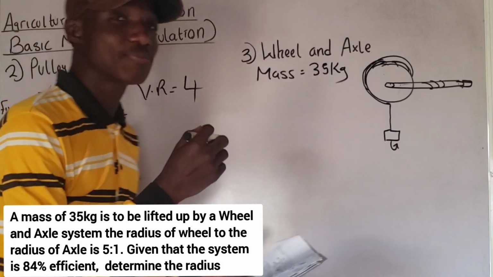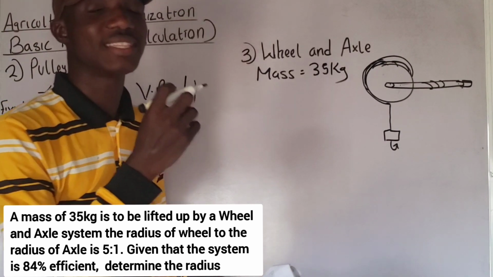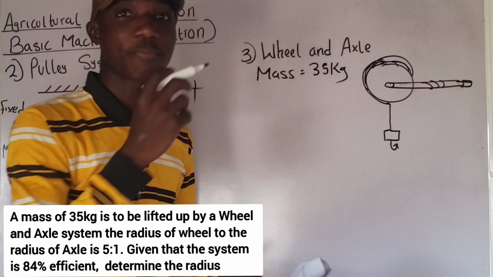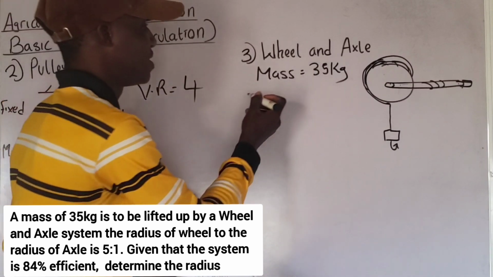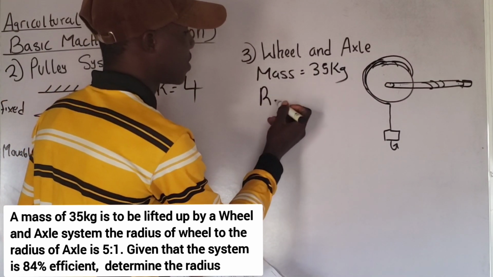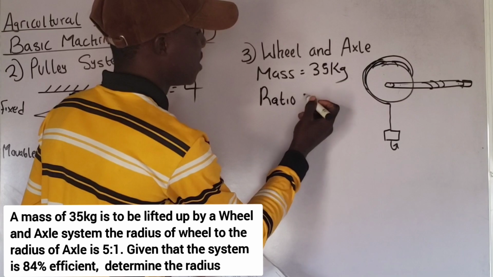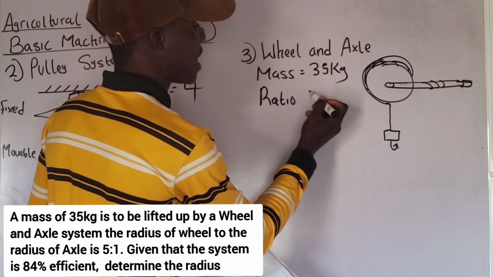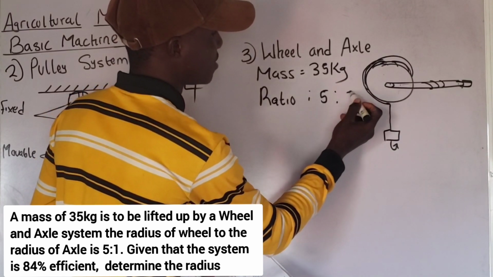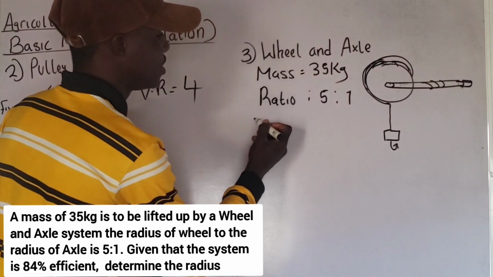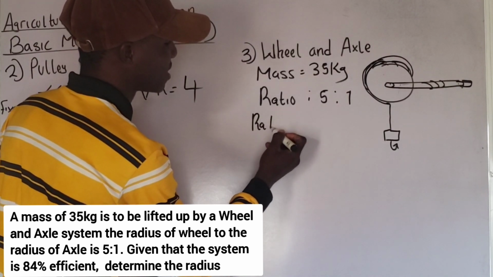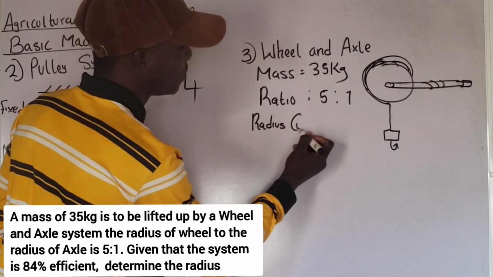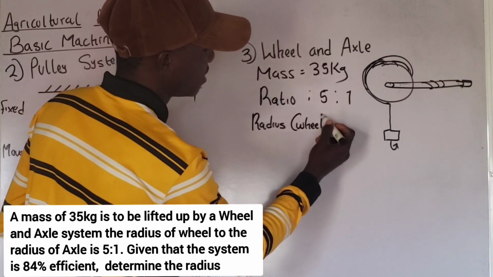So let us represent the radius of this wheel as big R, you understand? The ratio of the wheel to axle is 5:1. Now, the radius of the wheel, pay attention, that is 5.